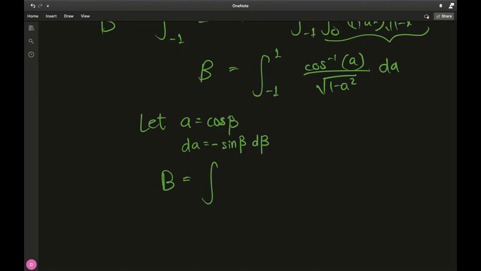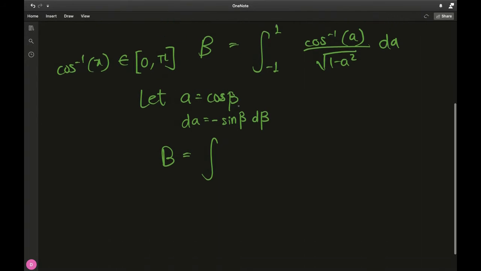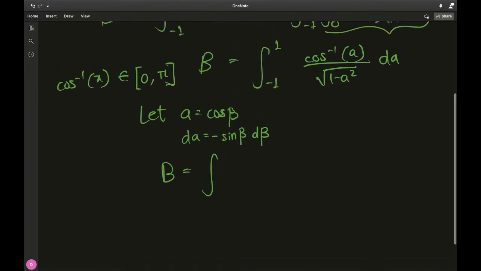But notice that the cosine inverse has a range from 0 to pi, so we have to choose some values that are lying in this interval. Otherwise this substitution just won't make sense, because you can't invert a function.